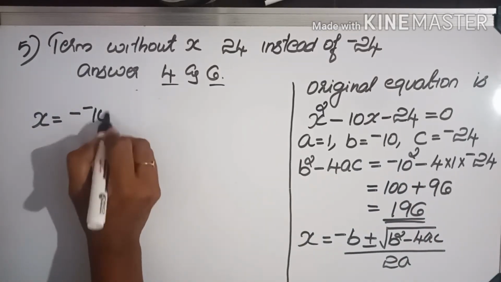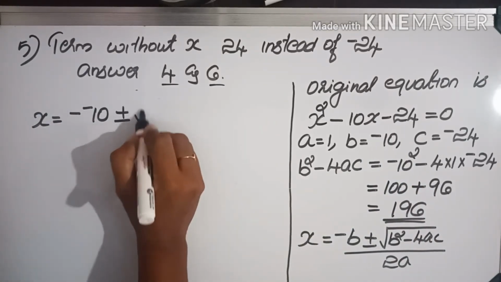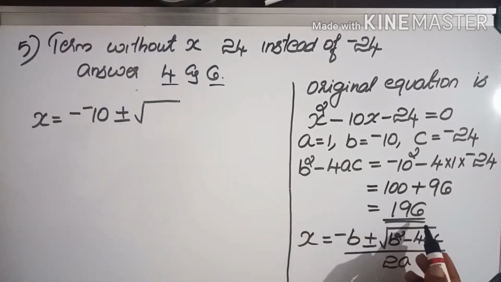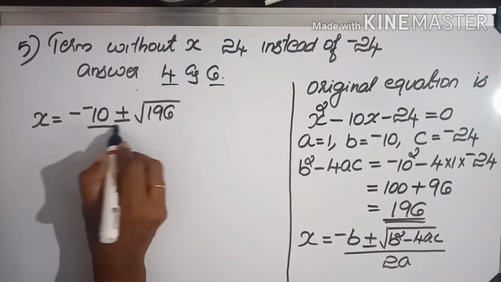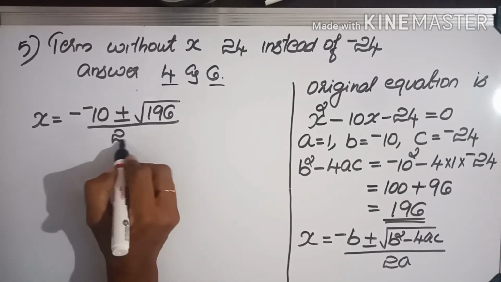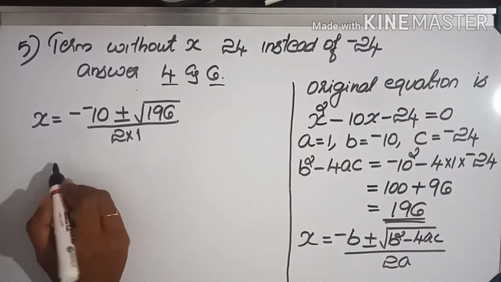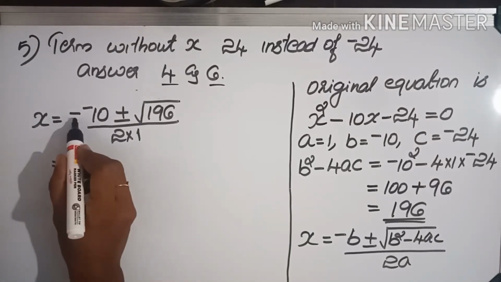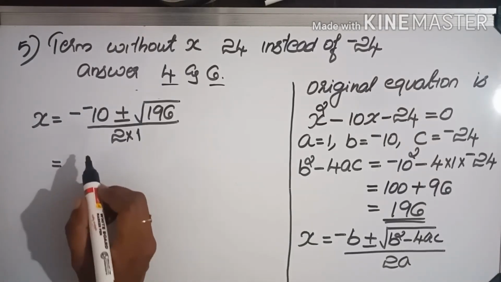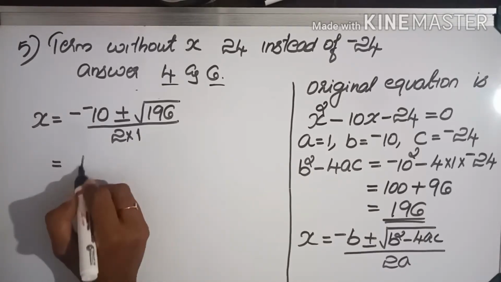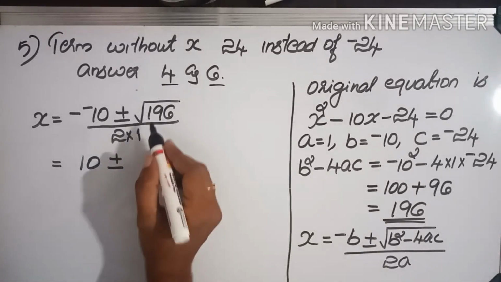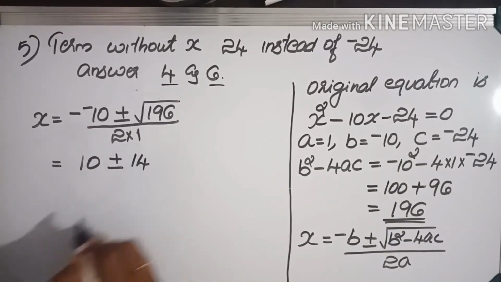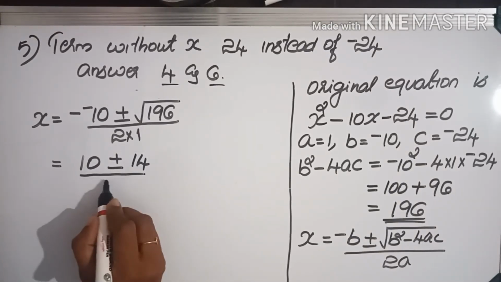So minus 10 plus or minus root of b square minus 4ac, the answer is 196, so 196 whole divided by 2 into 1. Next is what? Negative into negative, that is positive 10 plus or minus root 196. Root 196 is 14, whole divided by 2.